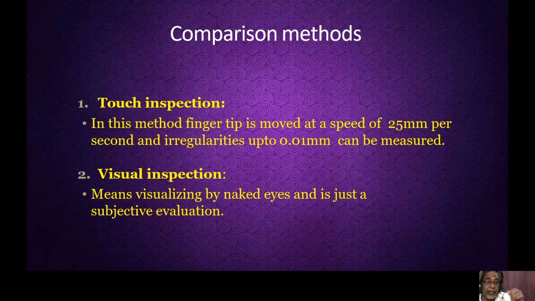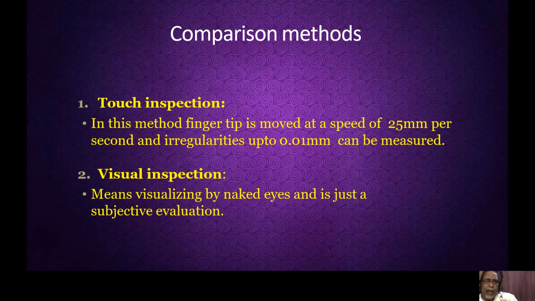Another method is visual inspection. What is visual inspection? It means visualizing by naked eyes and is just a subjective evaluation.